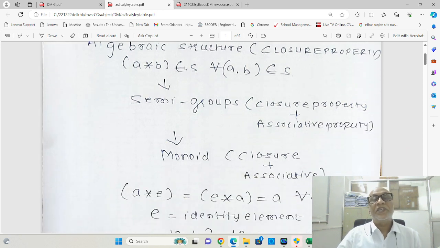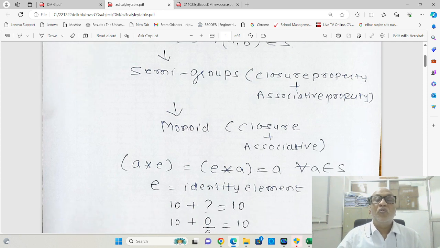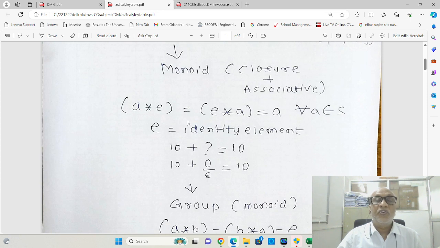An algebraic structure is a semigroup if it holds the associative property. A semigroup is a monoid if it holds this property: A binary operation E is equal to E binary operation A, which is equal to A, for all A belonging to S. Here E indicates an identity element.